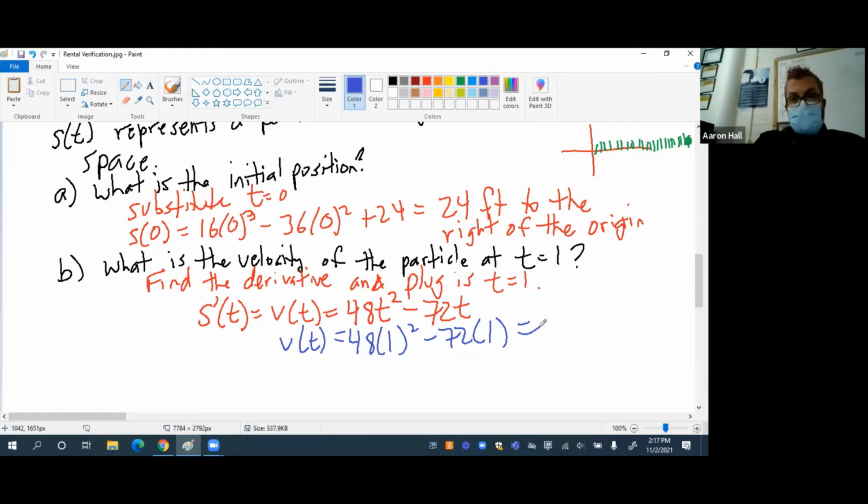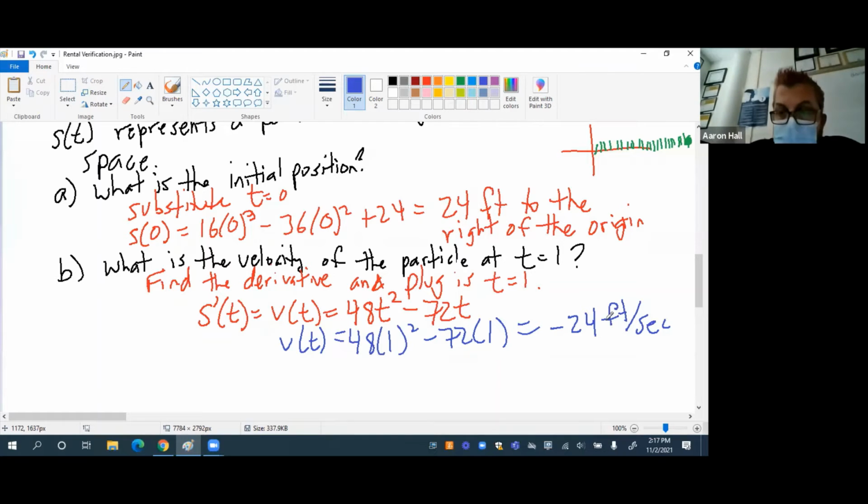Negative 24 feet per second, which means what? Yeah, we're moving to the left.